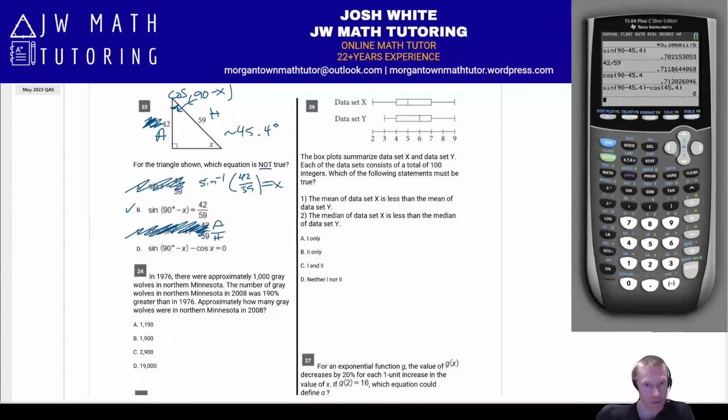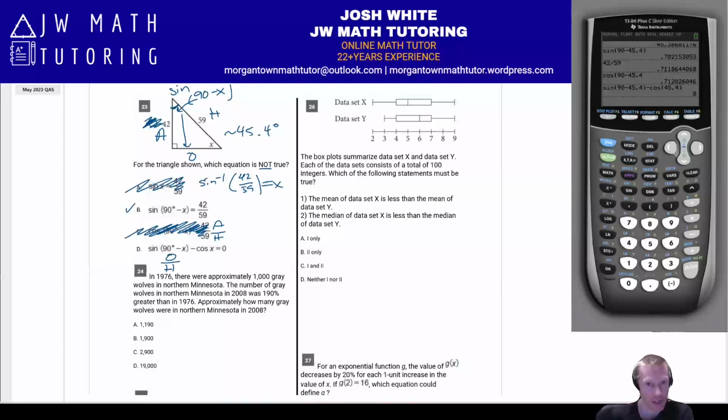Also, if you look at now letter D, the sine of 90 minus x. So we have the 90 minus x angle here at the top. The sine of that is going to be equal to the opposite over hypotenuse. So I don't know exactly what this third side is here. I mean, we could use the Pythagorean theorem to figure it out, but you don't need to. But it's going to be the opposite side over the hypotenuse.